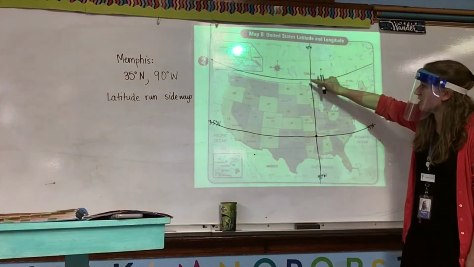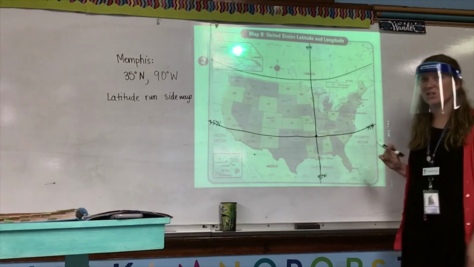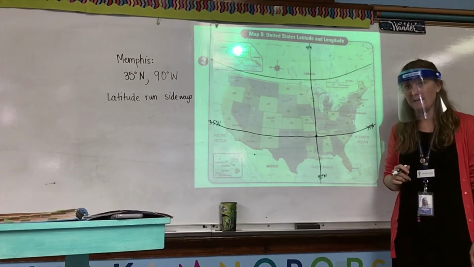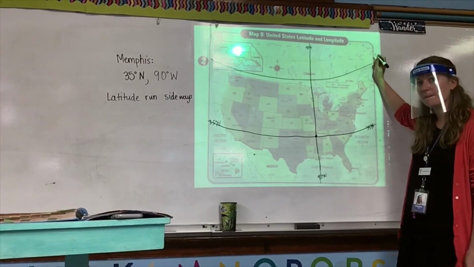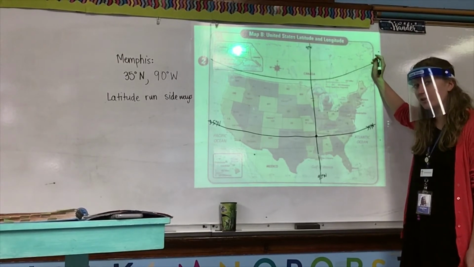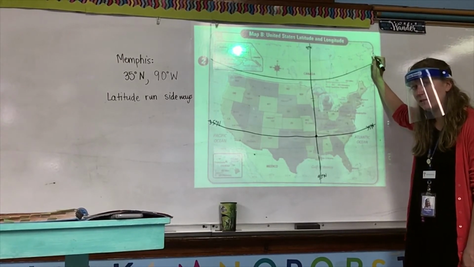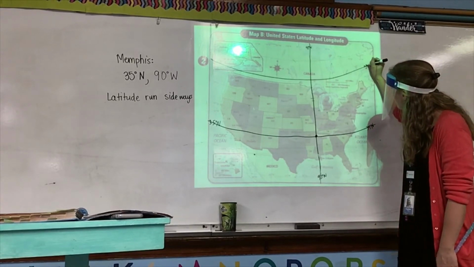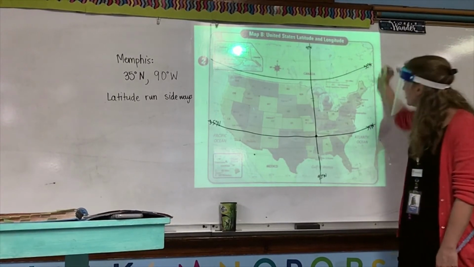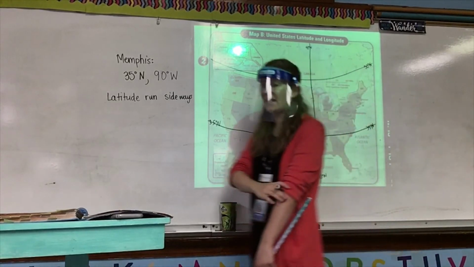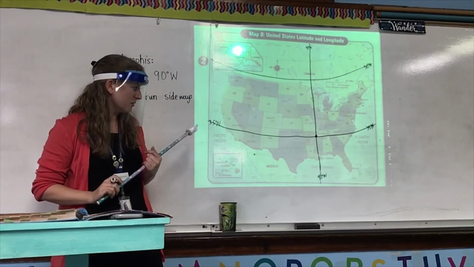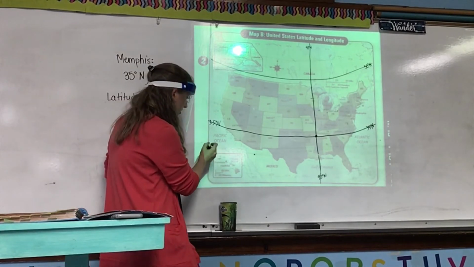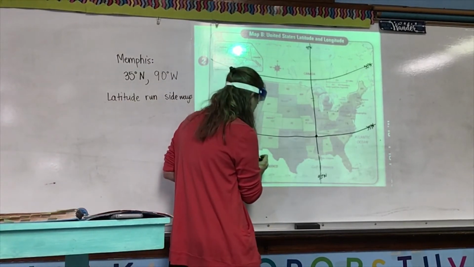Use your finger to actually follow it to where the name is. 50. The little circle is degrees. 50 degrees north. So we know it has to be between 50 degrees north and another line of latitude. So which one is closer to the bottom of the country?